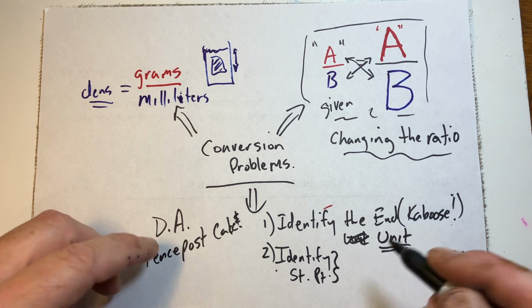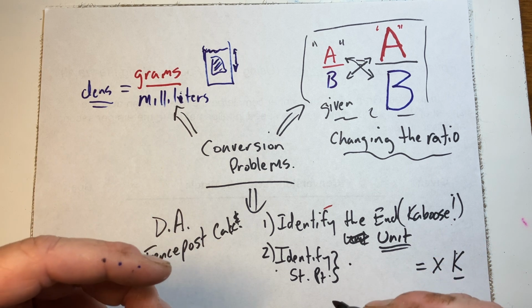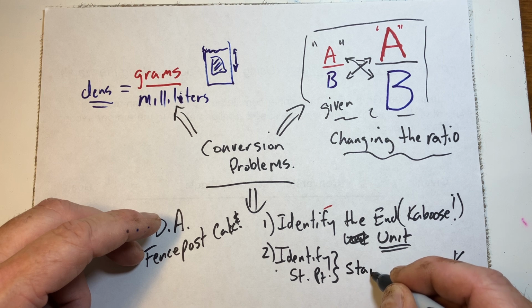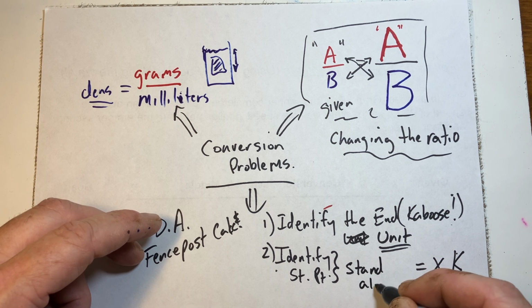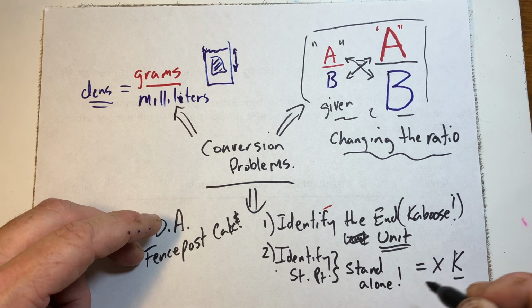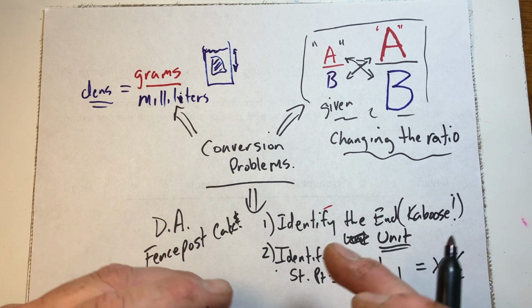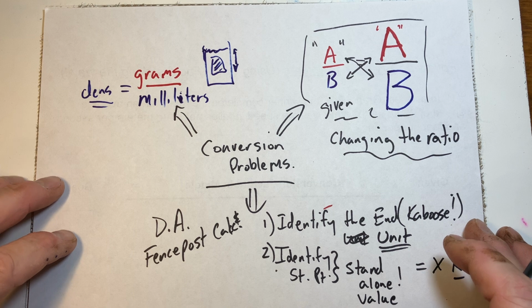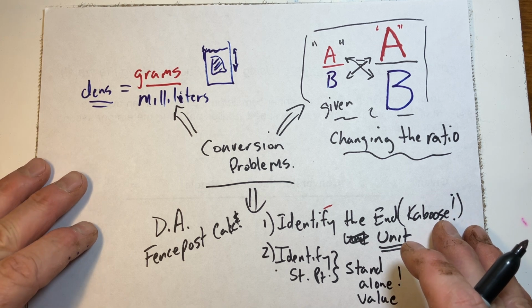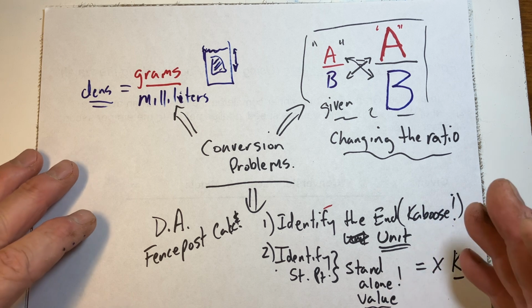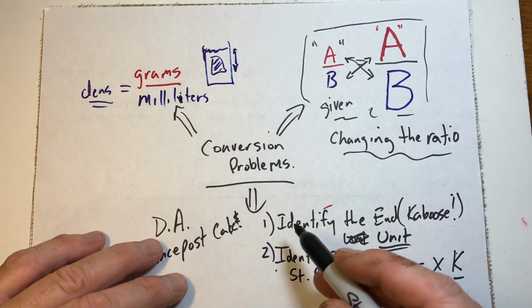It says just, hey, we have some 10.5 grams. So it's usually a standalone value, might be the best way to say it. An extent is what we say.